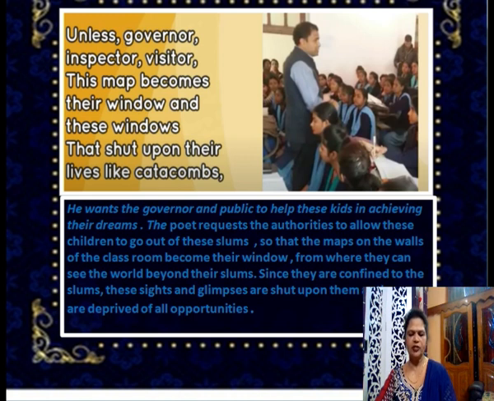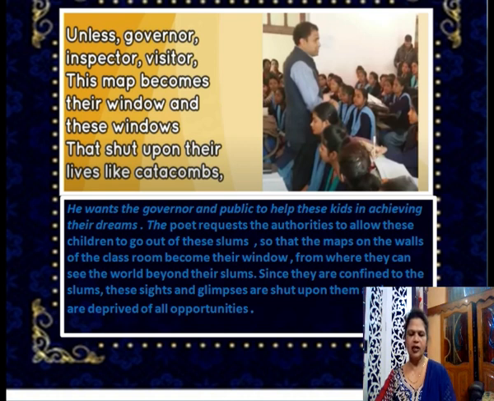The poet requests the authorities to allow these children to go out of these slums so that the maps on the walls of the classroom become their window. From these windows, they can see the world which is beyond their slums.